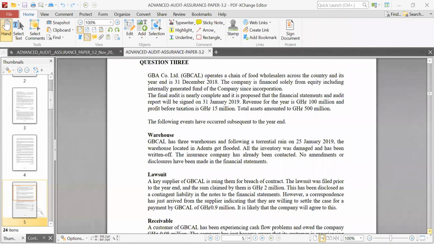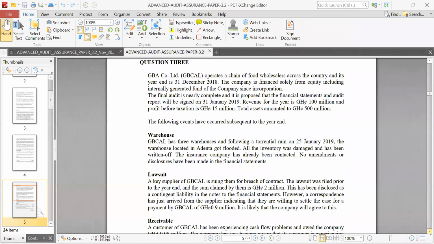Lawsuit. Okay, so even before I go into this question, for the previous question, when you ask questions around quality control, one of the ways you can answer quality control questions easily is this. You do not always have to do it this way.